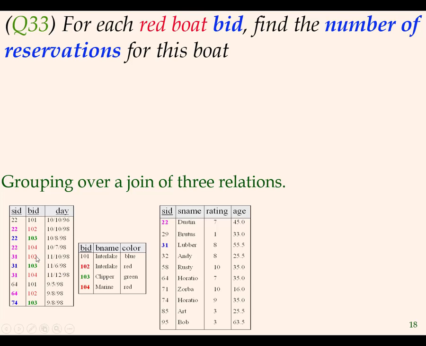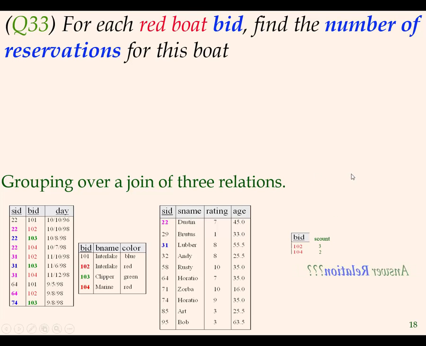You can see all the joins and all the conditions, but this can be done simply. So here is bid 102, 104, and the count would be 3 and 2. And we did it manually.